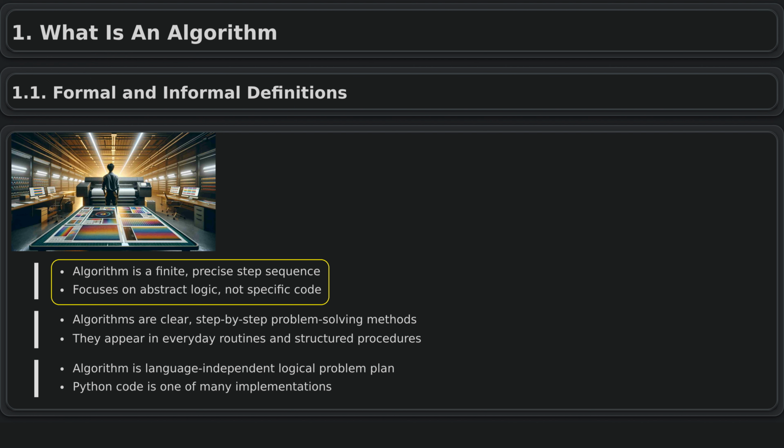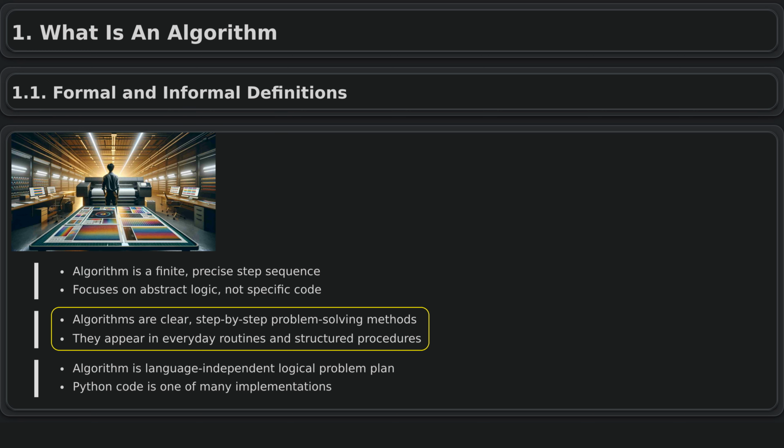The emphasis is on the logical structure of the steps, not on the specific technology, syntax, or device used to carry them out. Algorithms are clear, step-by-step methods for solving problems or completing tasks.